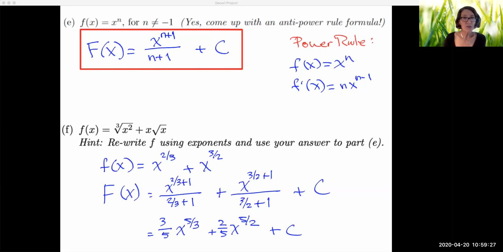So I just used the formula from part E to do this, and then I simplified. So 2/3 plus 1 is 5/3, and the reciprocal of 5/3 is 3/5. 3/2 plus 1 is 5/2, and the reciprocal of that is 2/5.